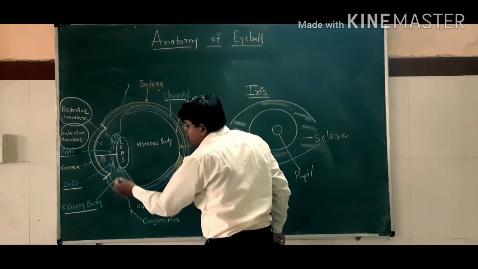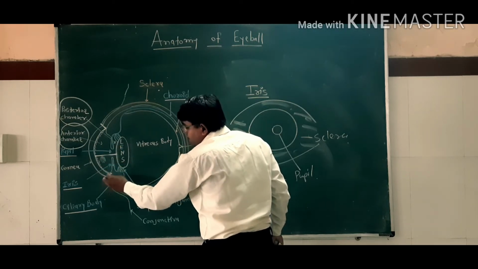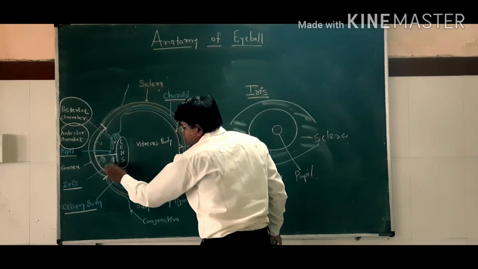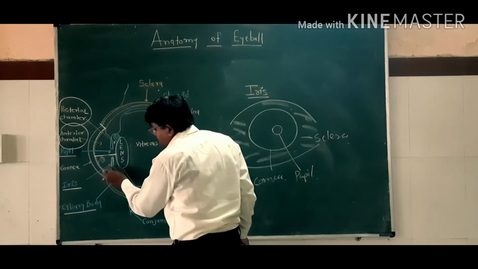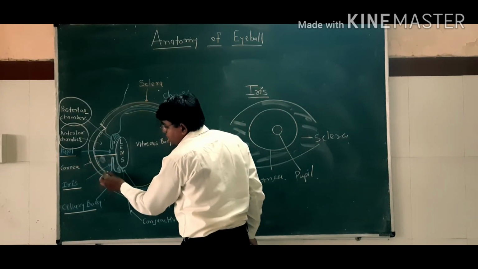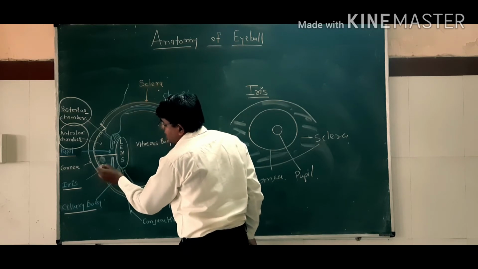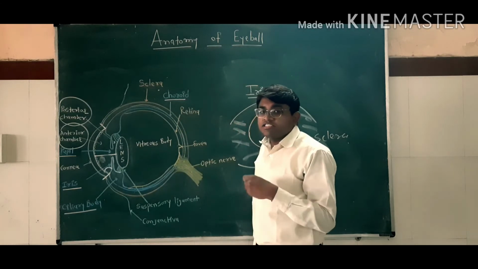in the peripheral area, or on the posterior side, the iris is attached to the ciliary body. Here it is attached to the ciliary body, and it is separated from the cornea by an angle, and this angle is known as the angle of the anterior chamber.